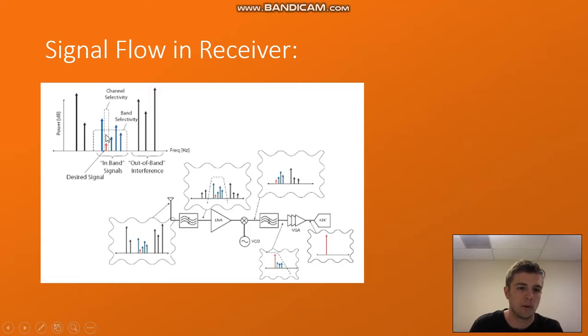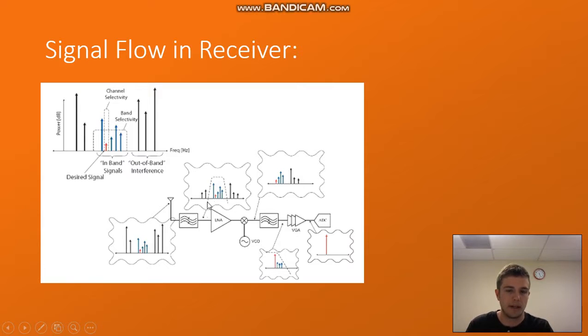And here we have the signal side. So this is the signal we want. The bandpass filter carries this, gets rid of these out-of-band interferences from the antenna.